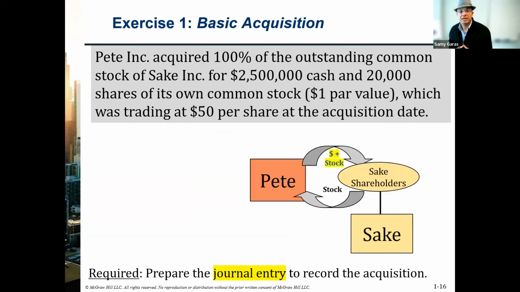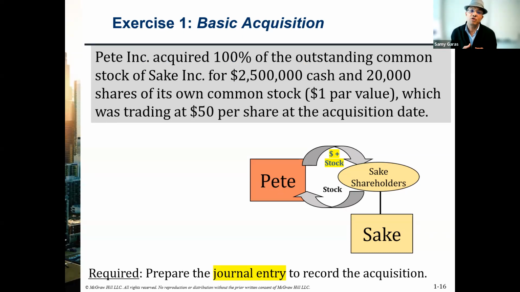So here the parent company acquired 100%, and I hope you remember now that 100% is full ownership. Anything between 51% and lower than 100, we call it controlling interest. And here we give cash to the subsidiary, 2,500,000, and we give them shares, 20,000 shares.